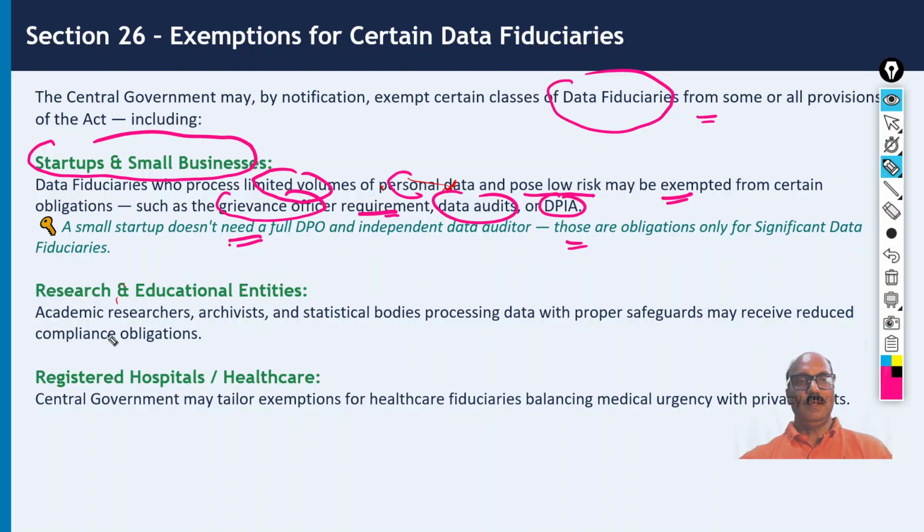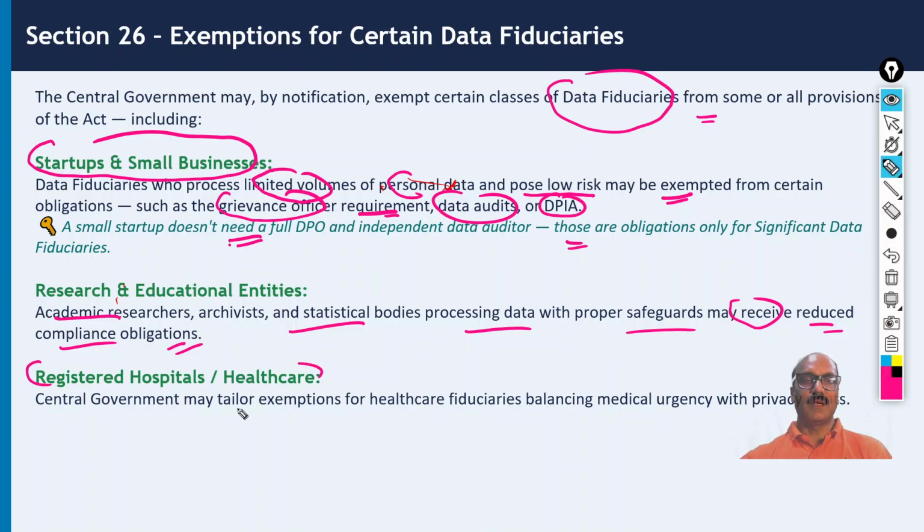Similarly, academic research, all this will contribute to the overall development. So even those don't have to follow the entire provisions under DPDP. They may follow minimum reduced compliance obligations.